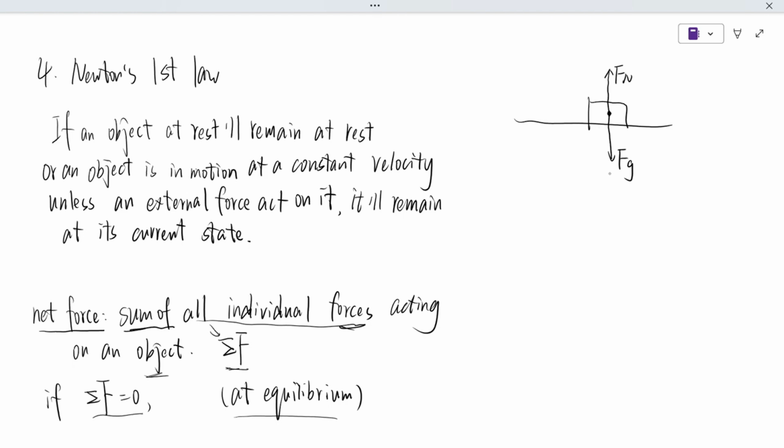Imagine this. If one of the forces is bigger, like Fn is bigger than Fg, it will go upward, so it can't be. If Fg is bigger than Fn, it will pull this object downward. But I already told you that this object is stationary, which means the net force is equal to 0, which means Fn is equal to Fg.